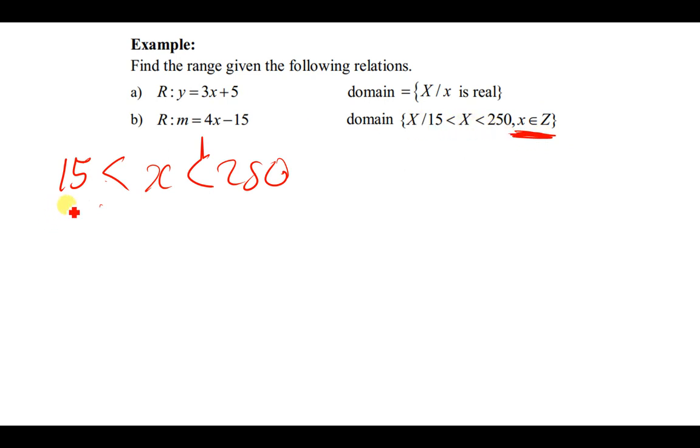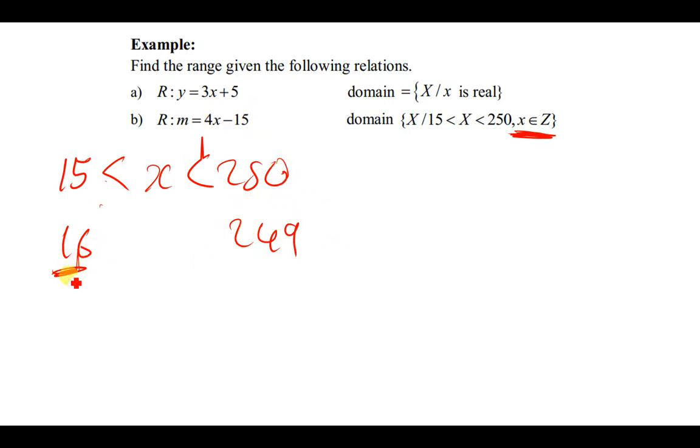The next number in the set of integers after 15 is simply 16. So to find the minimum value, we're going to use 16, and to find the maximum value, the number that is just right before 250 is 249. The integer that is just right before 250.